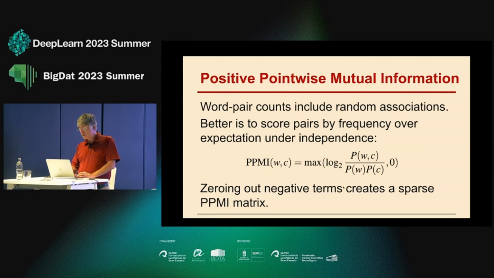If we look at this term, this is saying if we want to get a strength for how associated is word W with word C, okay? One way that you could do it is as follows. You look at how often word W and word C occur next to each other or near each other, and divide that by the frequency of word W and the frequency of C.